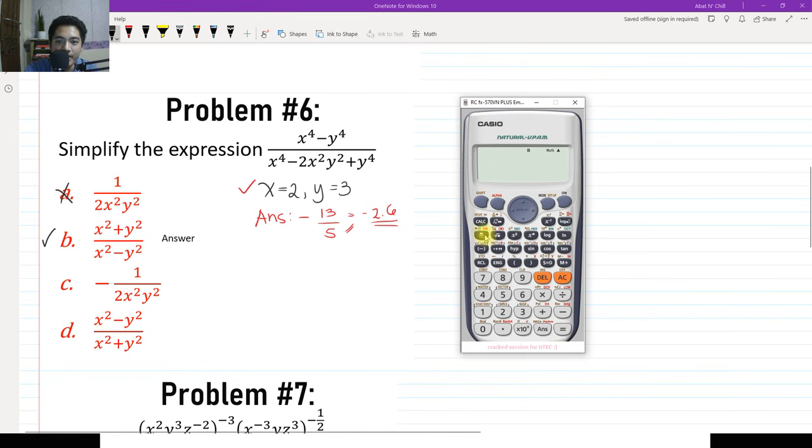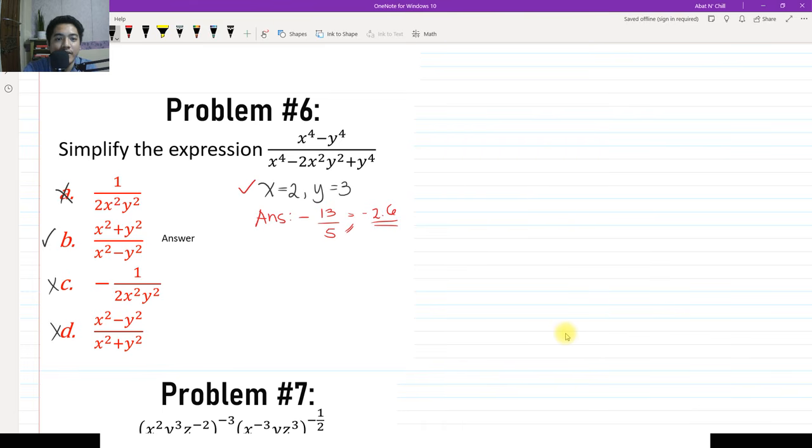How about letter D? We have alpha x squared minus alpha y squared all over alpha x squared plus alpha y squared. Solve with x equals 2, y equals 3: negative 5 over 13. So these two are not the correct answer.